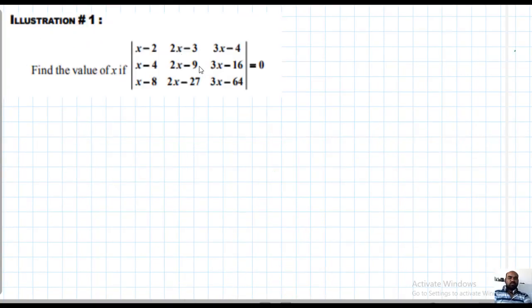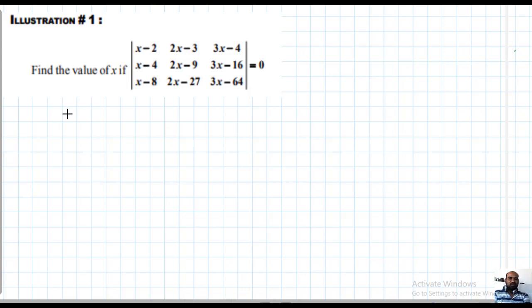Okay students, another example problem. Find a value of x if the determinant of this matrix equals 0. So actually you need to find the determinant of this matrix, equating to 0, and we will get the value of x. But I want to use row transformations or column transformations to reduce the elements into numbers instead of variables.